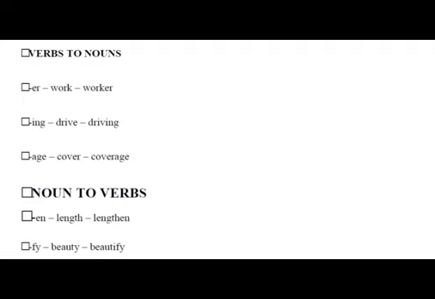Cover is a verb, so just add age, and coverage is a noun. We can also convert nouns to verbs just by adding suffixes. Length is a noun and it is converted to a verb, lengthen. Beauty is a noun, just adding fy at the end, beautify.